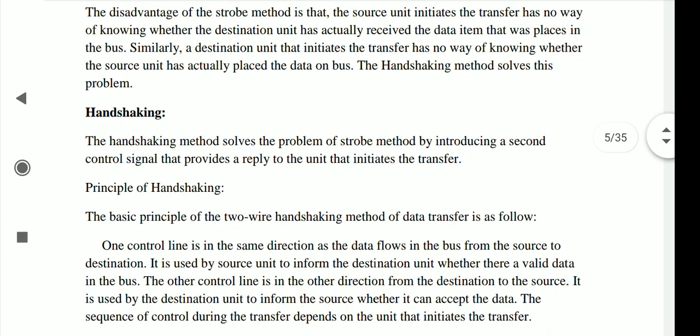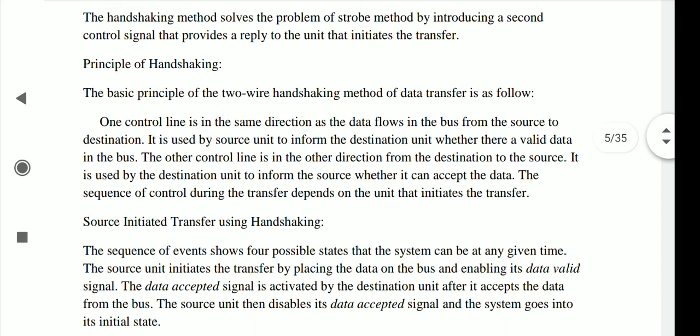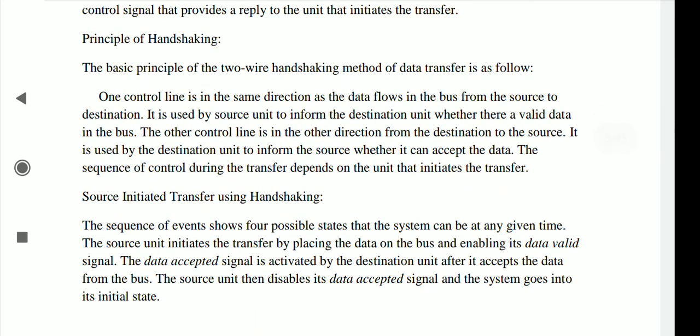Now let us see the principle of the two-wire handshaking method of data transfer, as follows. One control line is in the same direction as the data flow in the bus, from source to destination.